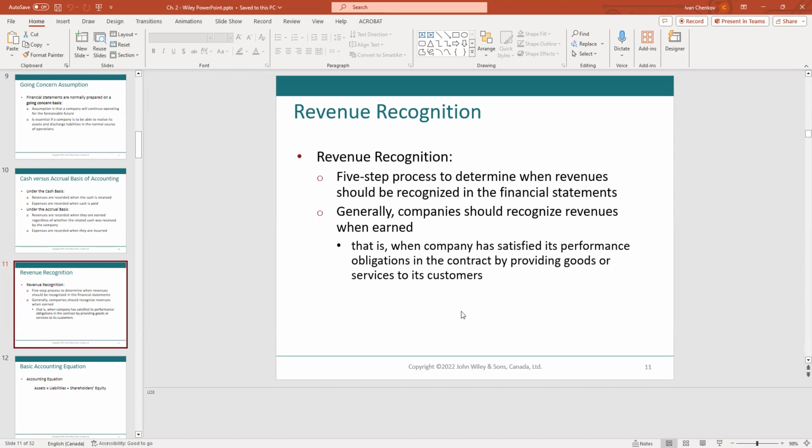When the goods are in the hands of the customers, we're going to recognize the revenue. When we deliver the service, we're going to recognize the revenue. The fact that the customer hasn't paid us yet doesn't change the fact that we delivered the service. In that case, we have to record the revenue.